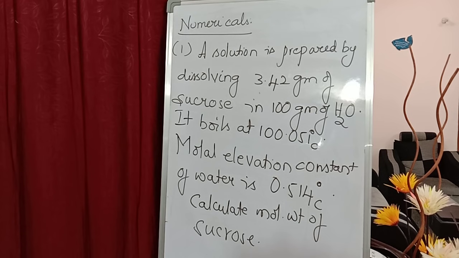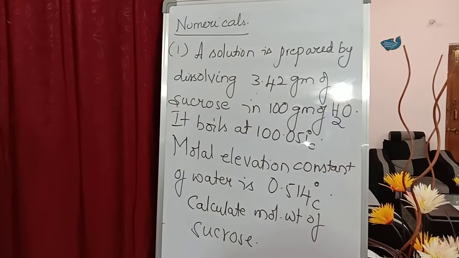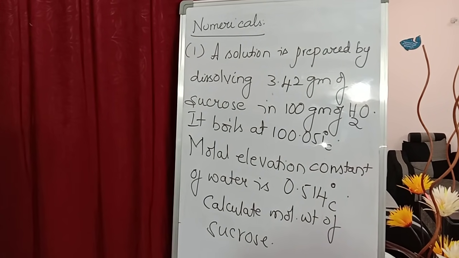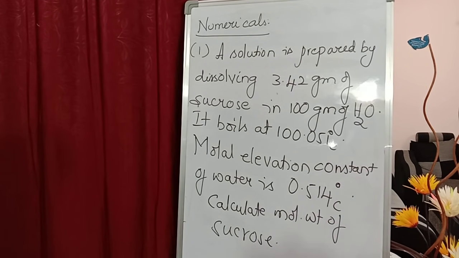The first numerical: a solution is prepared by dissolving 3.42 grams of sucrose in 100 grams of water.